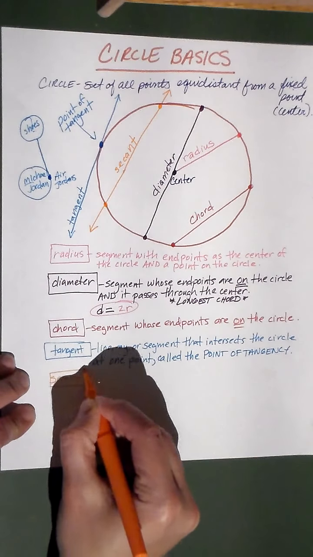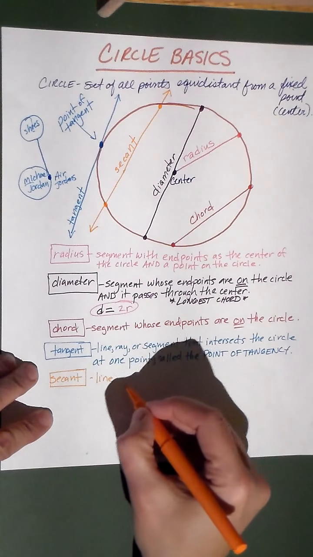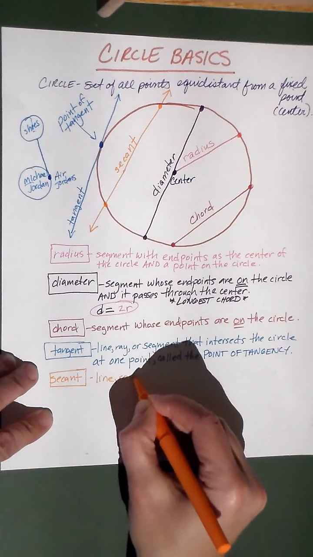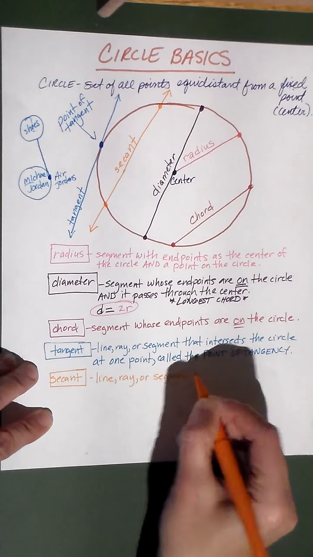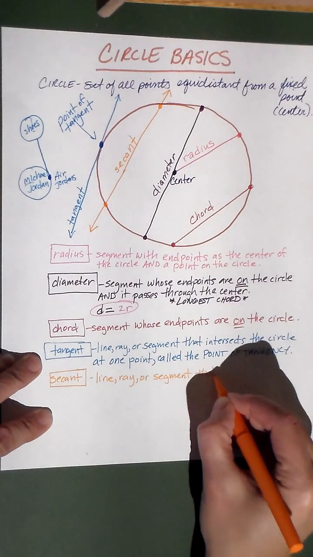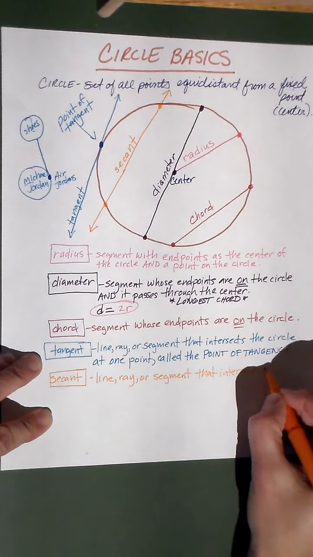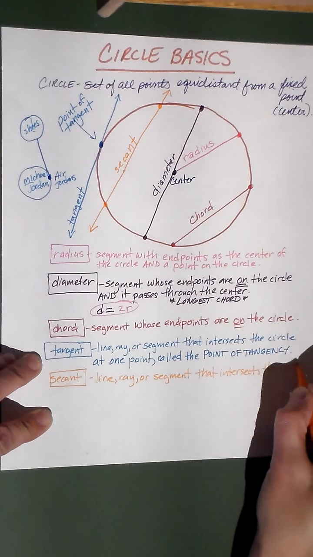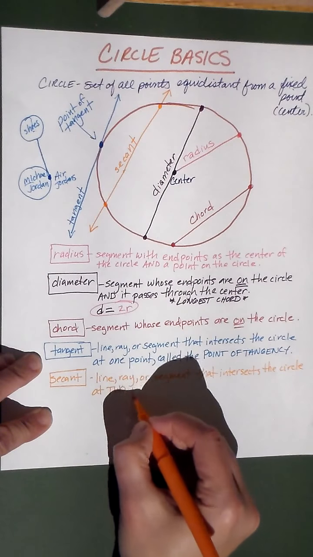And a secant is actually a line, segment, or ray, line, ray, or segment that intersects the circle at not one, but 2 points.